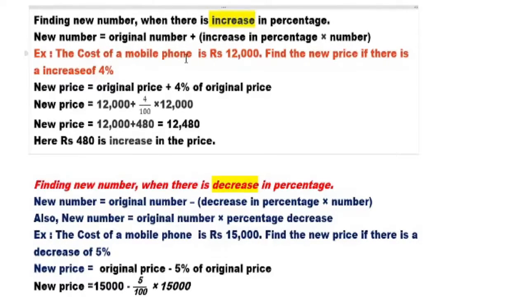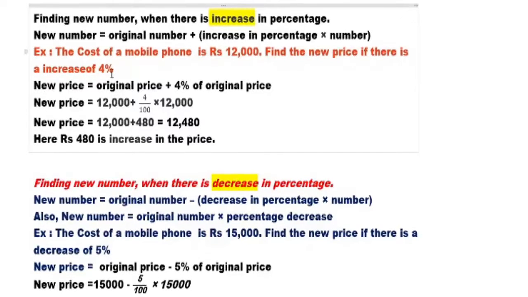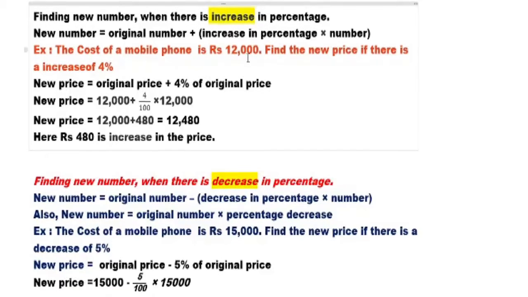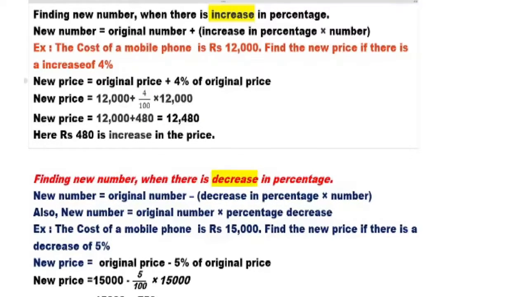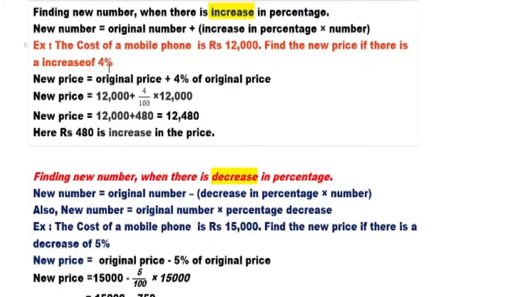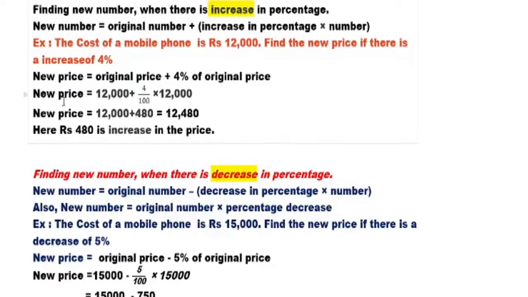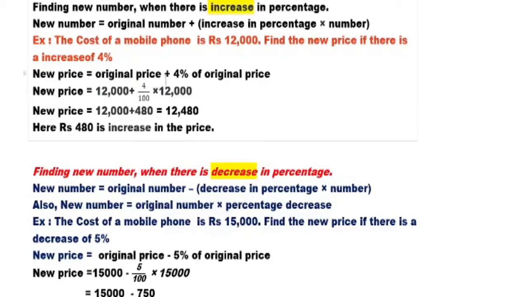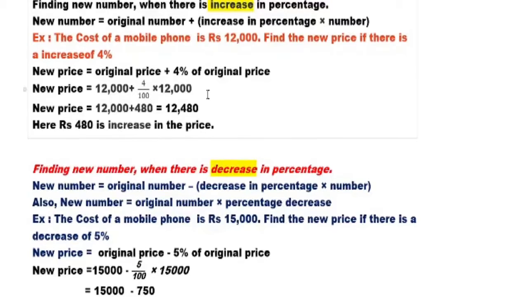Suppose the cost of a mobile phone is 12,000. Find the new price if there is an increase of 4%. So here you have to find a new price. The original price is 12,000. So new price equals original price plus 4% of original price. That means there is an increase of 4%. 4% of the original price is the increase. So here you can write new price equal to 12,000, that is the original price, plus 4% of original price, that is 4 by 100 into 12,000.